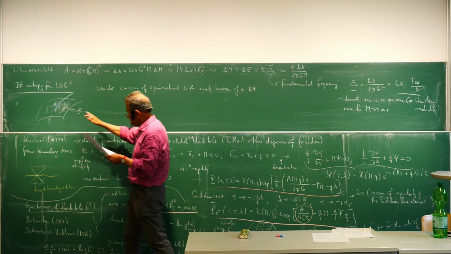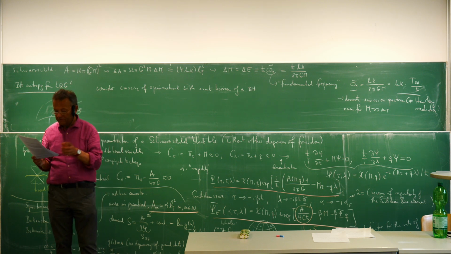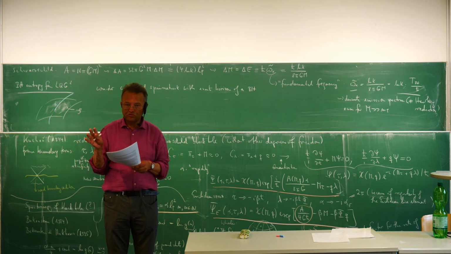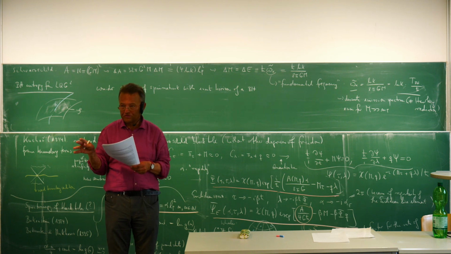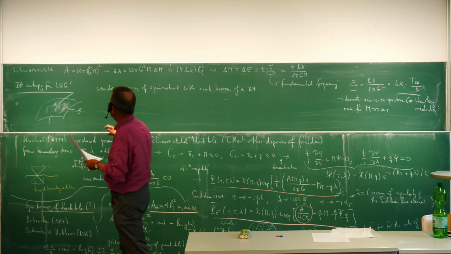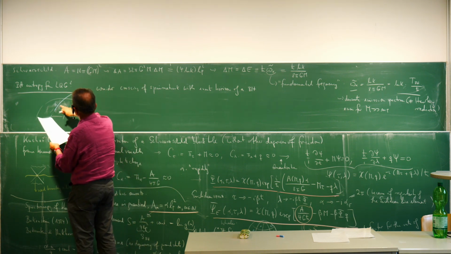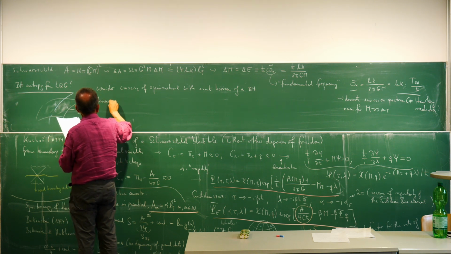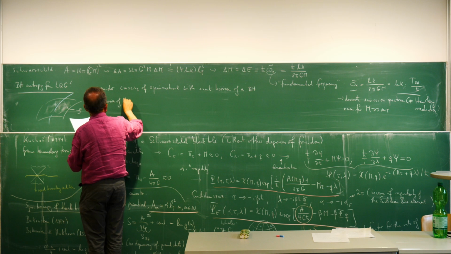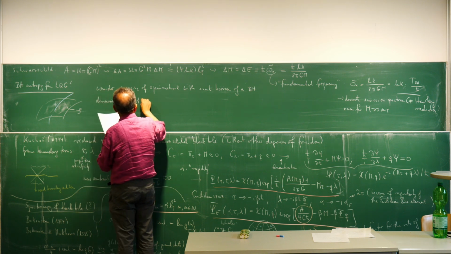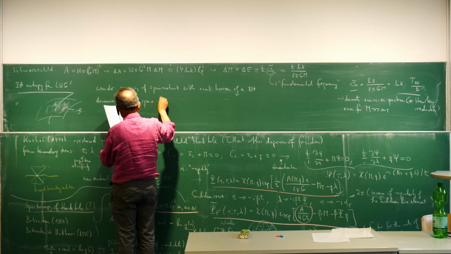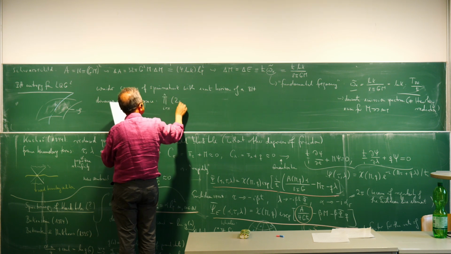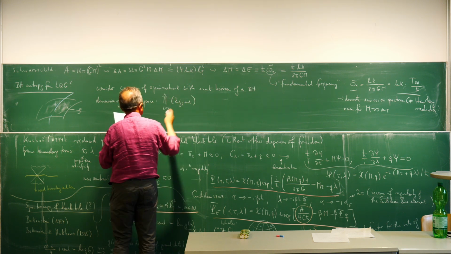Now, because these are spins, the dimension of the corresponding Hilbert space for each spin is 2J plus 1. This you know from quantum mechanics. So the dimension of all of this is the product of all these dimensions. So the dimension of the Hilbert space is the product from i equals 1 to n of 2Ji plus 1.